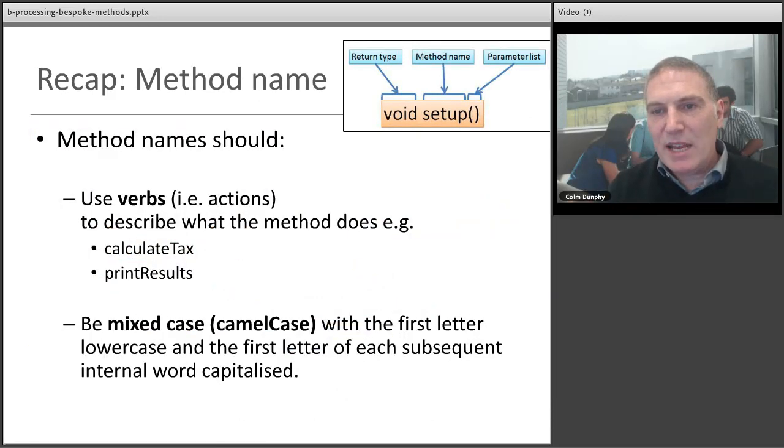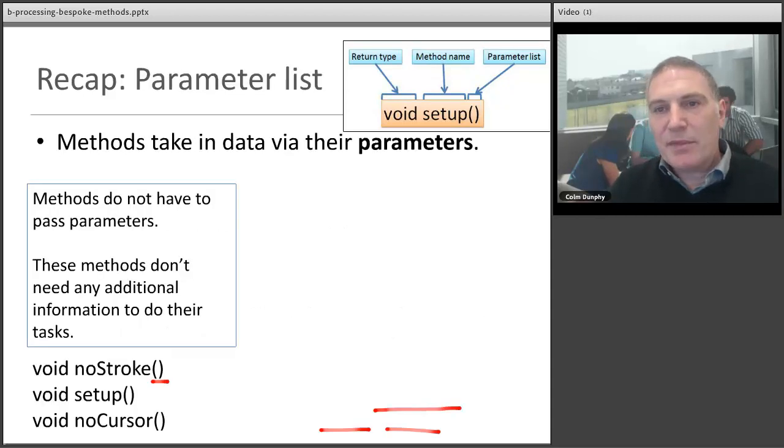We also saw that method names should be verbs and use mixed case. Methods take in data via their parameters. They do not have to have parameters. These methods don't need any additional information to do their tasks, so they have no parameters.